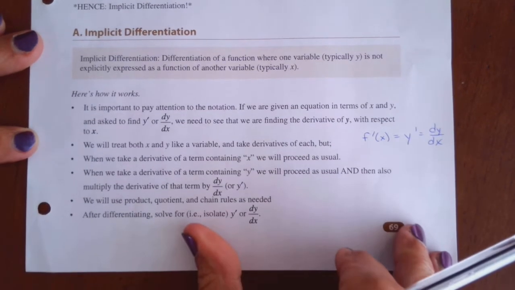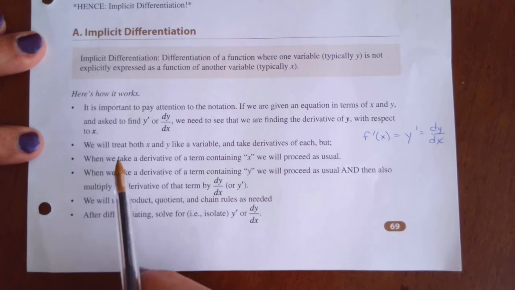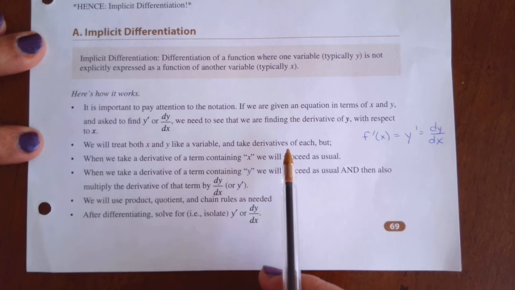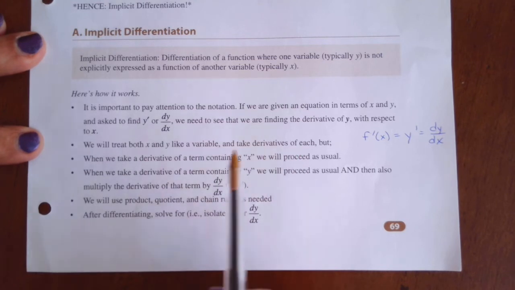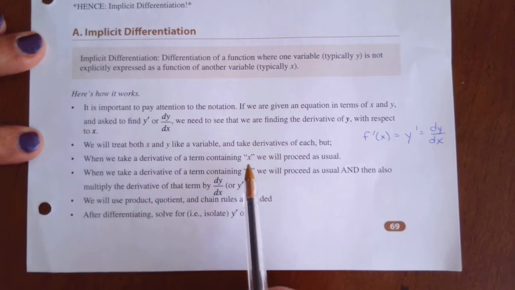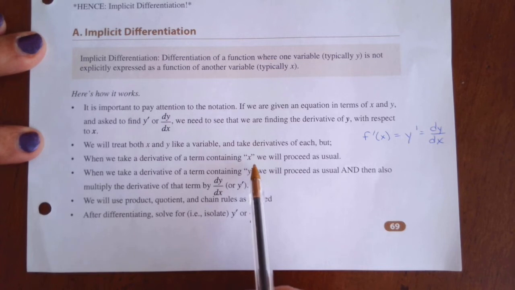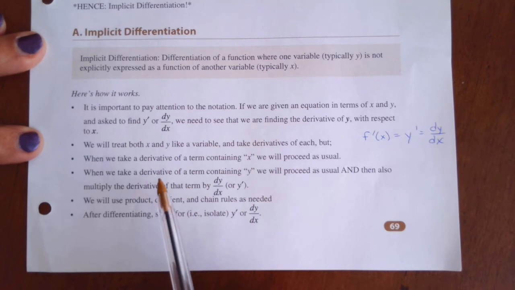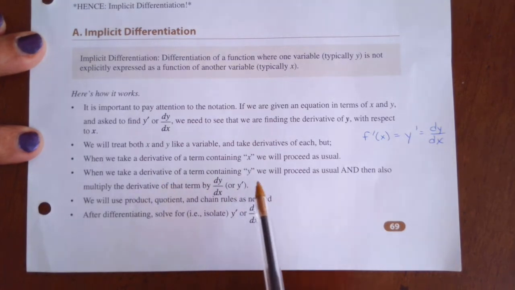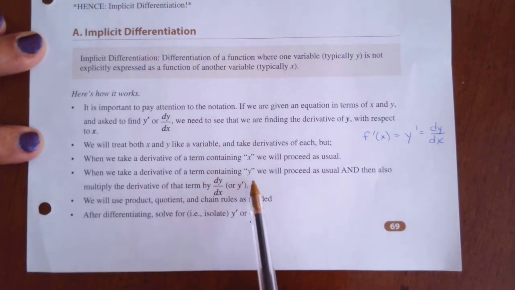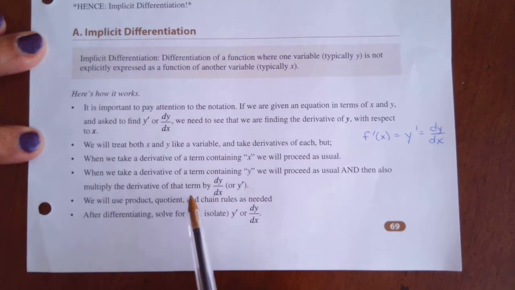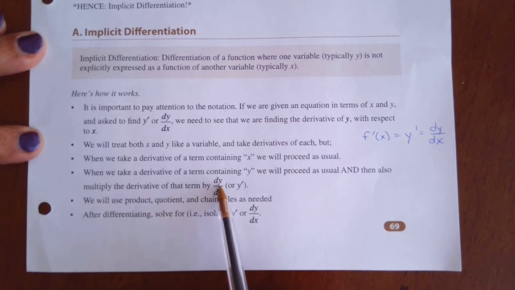All right, so it says when you're doing this, you're going to treat both x and y as variables, as they should be, and you're going to take the derivative of each. However, when you take the derivative of the terms with x in it, you're going to do the derivative like we've been doing and proceed as usual. When you take the derivative of any other term, and as we start, they're going to be y's, you're going to take the same derivative, but then you have to multiply by dy dx.